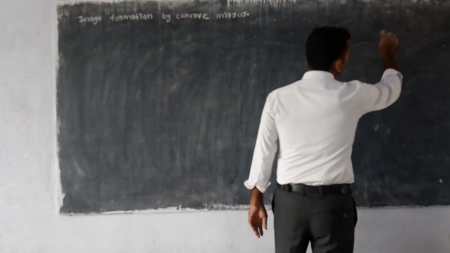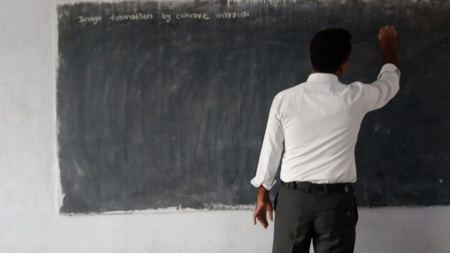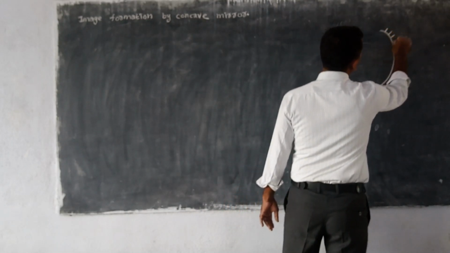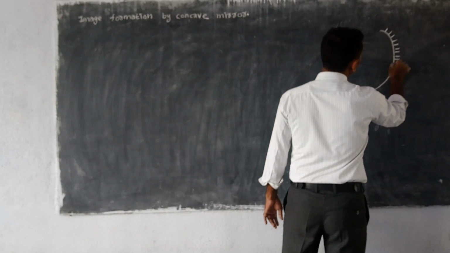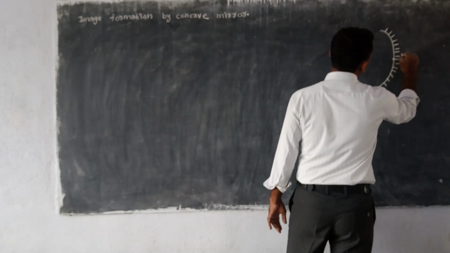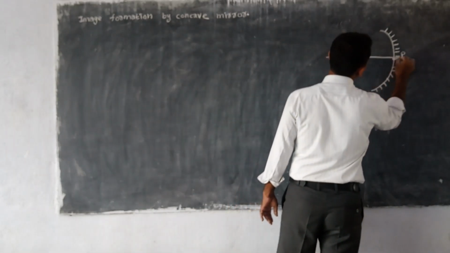First, at different points. Take a concave mirror. This is the pole of the mirror, and this is the principal axis.